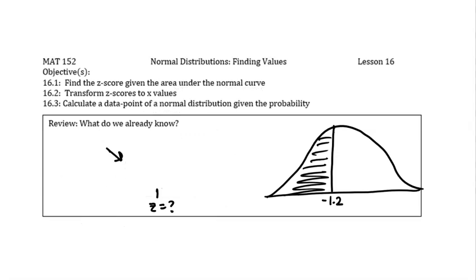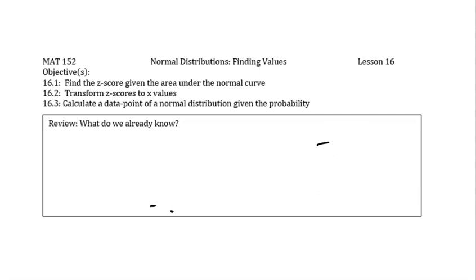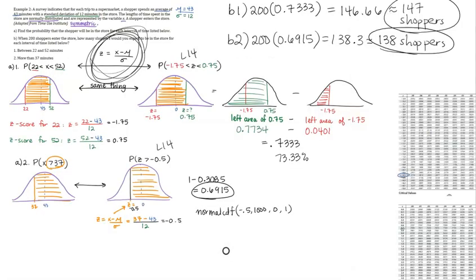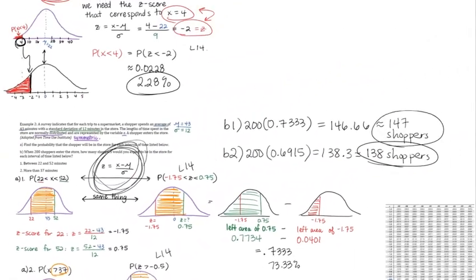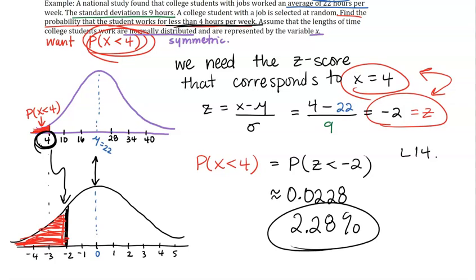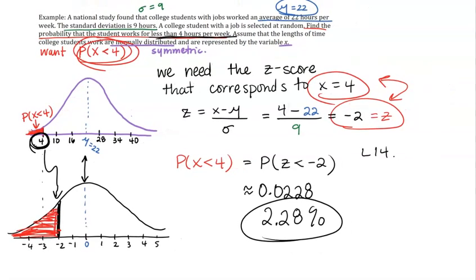Our second objective is we will be transforming z-scores to x values. We have already done problems back in lesson 15 where we translated x values. When I say an x value, I mean a data point, like 4 that represented how many hours a week he was working.